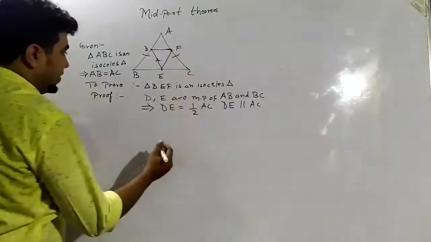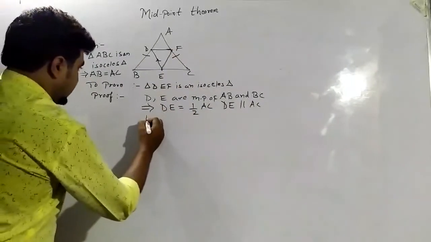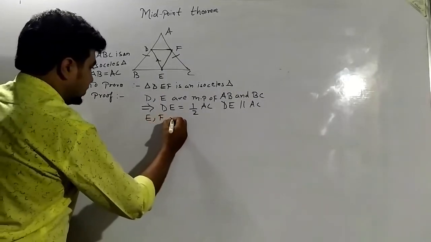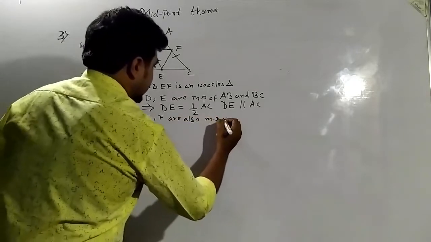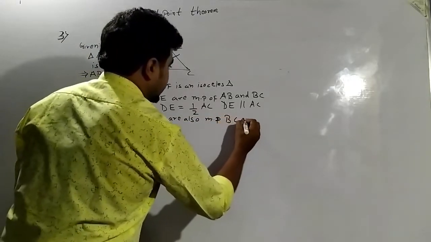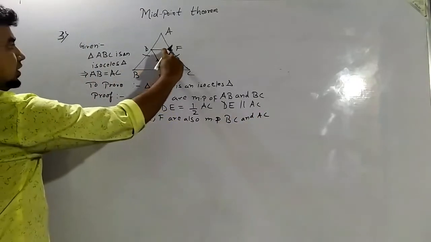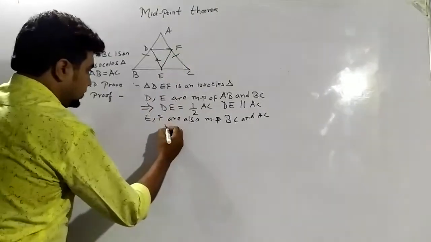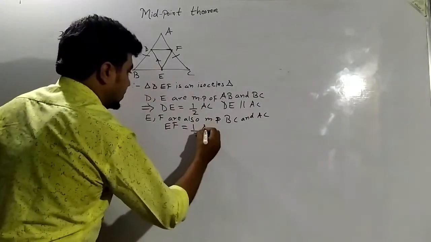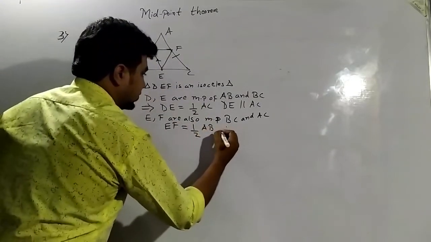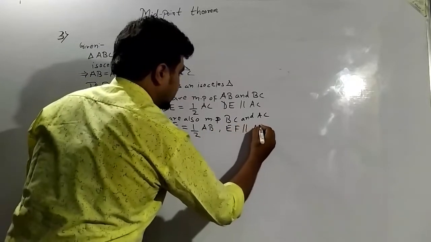Now I can say that E and F are also midpoints of sides BC and AC. Then we can get the inference that the line joining EF will be half of AB. And EF is parallel to AB also, but we are not needing that here.